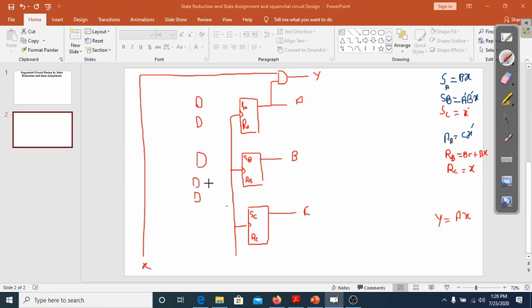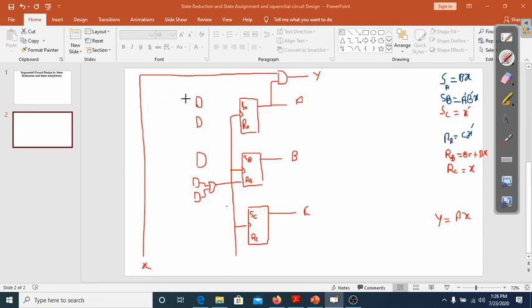So these AND gates will be ORed. SC is directly connected to the complement of input X, and RC is directly connected to X.